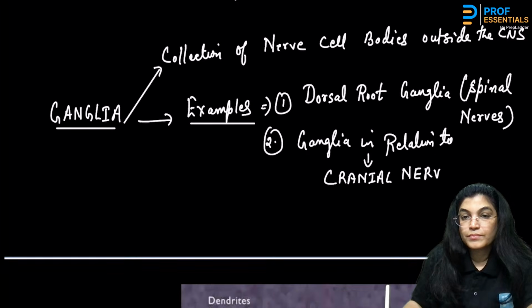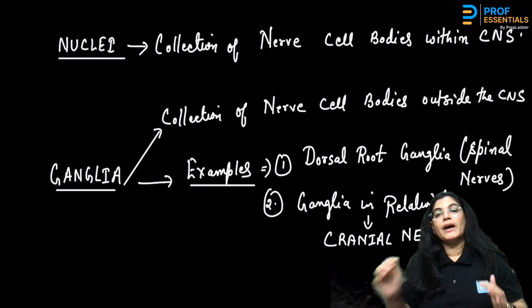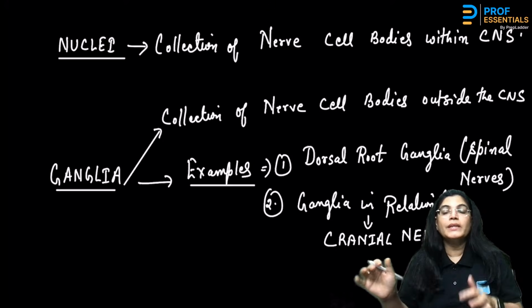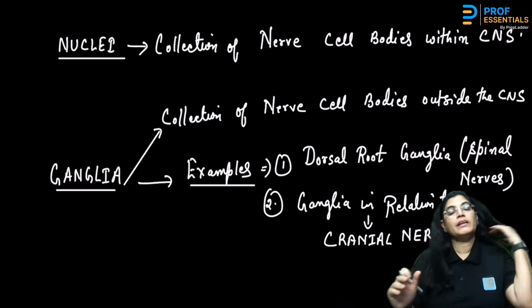Done? Okay. So we have the concept of nuclei, the concept of ganglia, and we know the examples of ganglia also: dorsal root ganglia and the ganglia associated with cranial nerves.